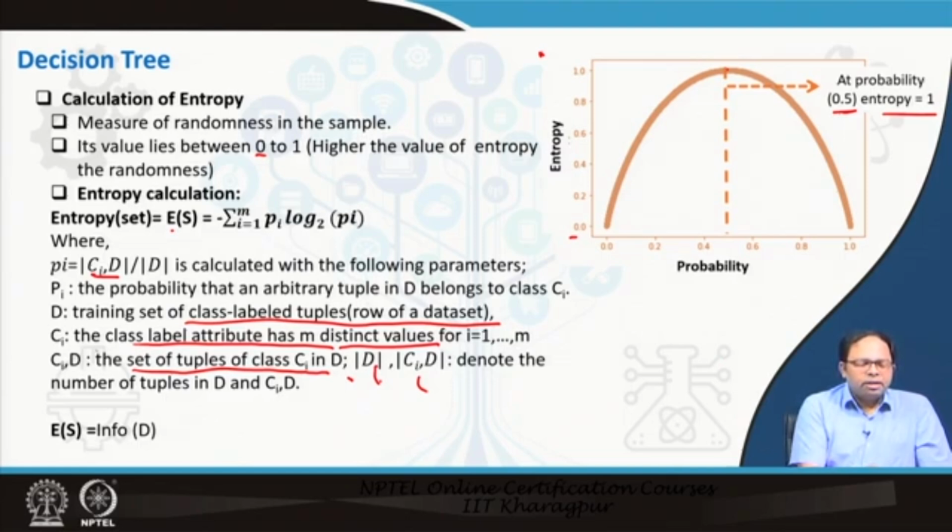Using this we can determine the probability |Ci,D| divided by |D|, and this we can also call a sort of information. So, one is the information of D, and in the next step we will determine the gain in information. First we determine the total entropy for this particular split.